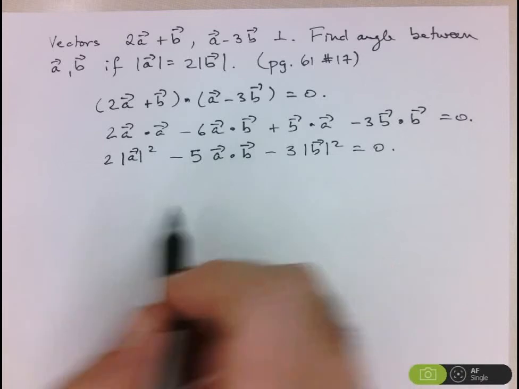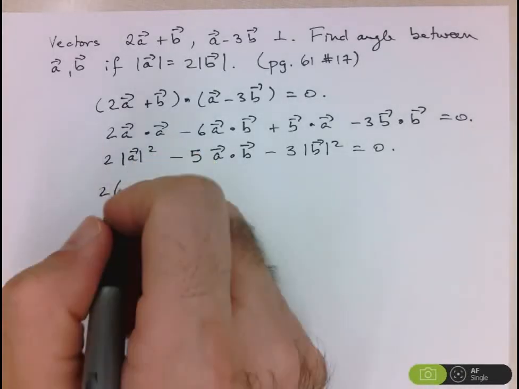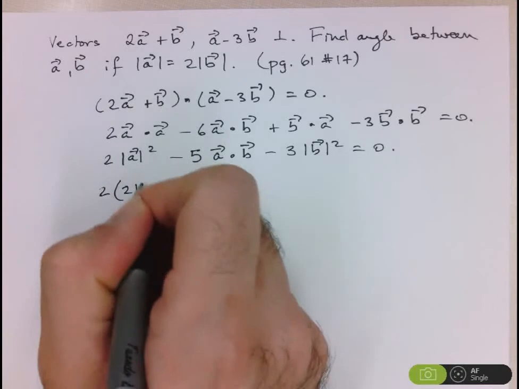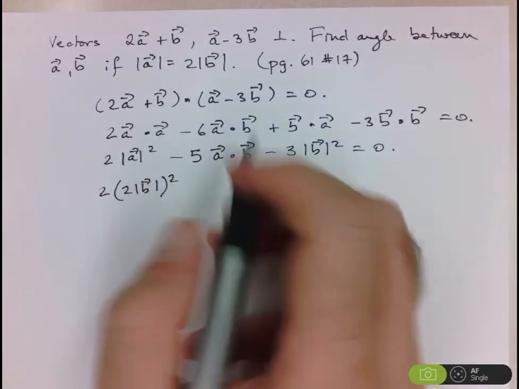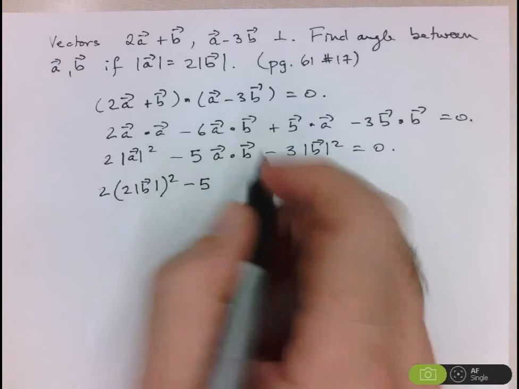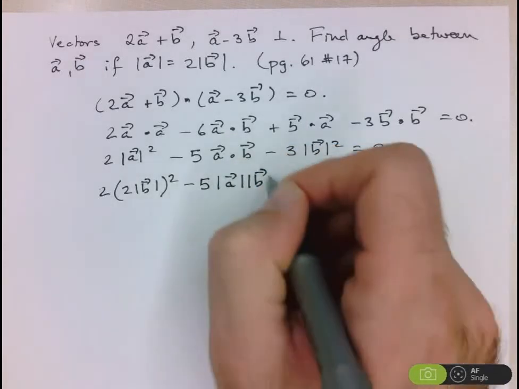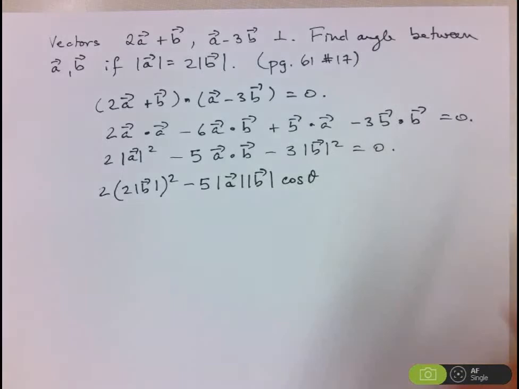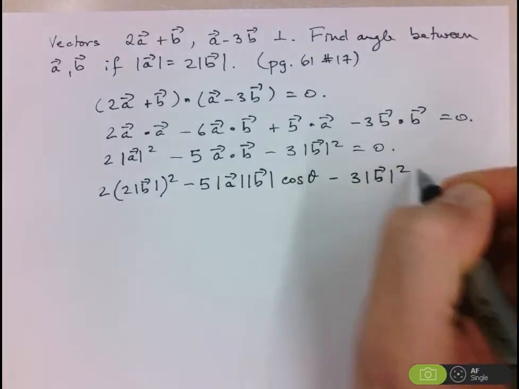So in the next step, let's use the properties that we have. Here the magnitude of a is 2 times the magnitude of b, and all that is squared. Here I've got 5, and a dot b is the magnitude of a times the magnitude of b times cosine of the angle between them, minus 3 magnitude of b squared.